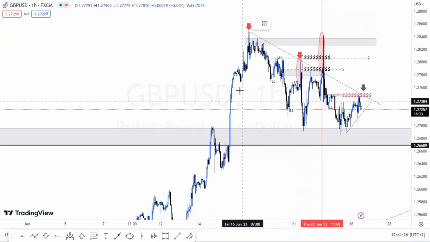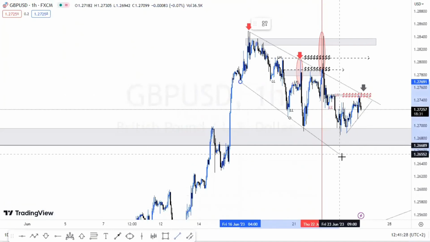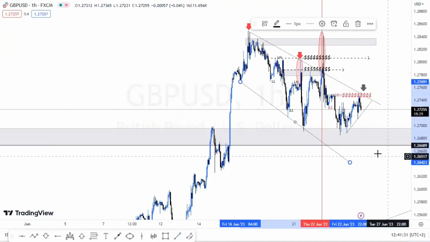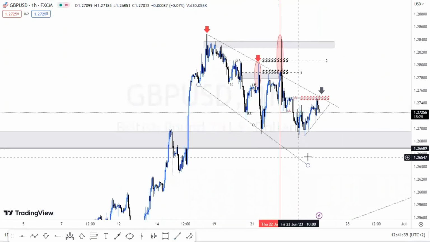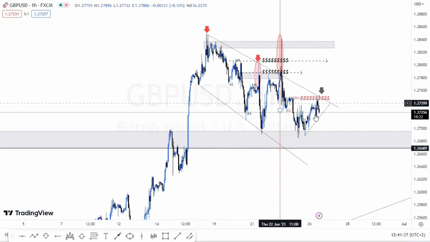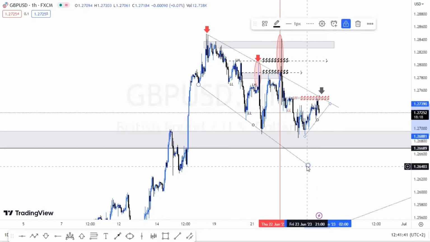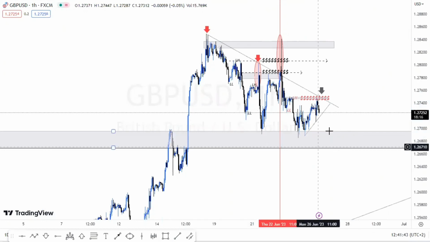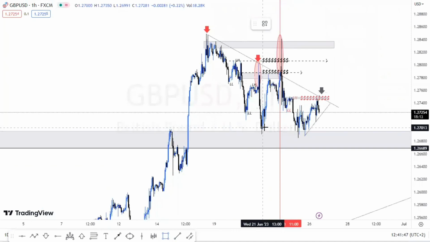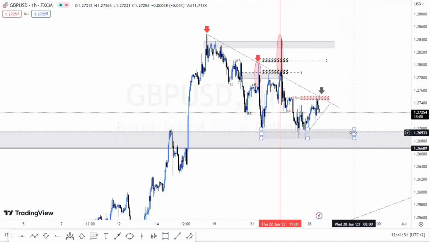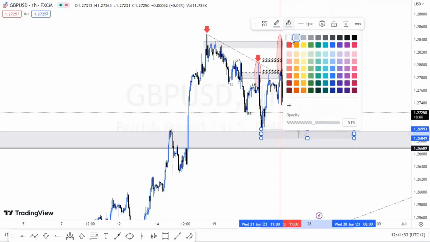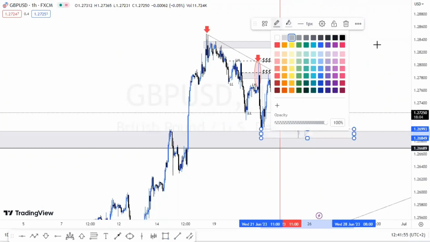I do not trade this pattern anymore, guys, because it hurt me a couple of times. So if I happen to enter when this line breaks, I'd put my take profit somewhere here, and then wait for price to show me that we are ready to go to the upside.